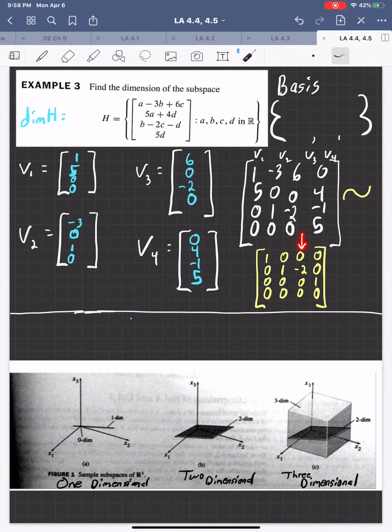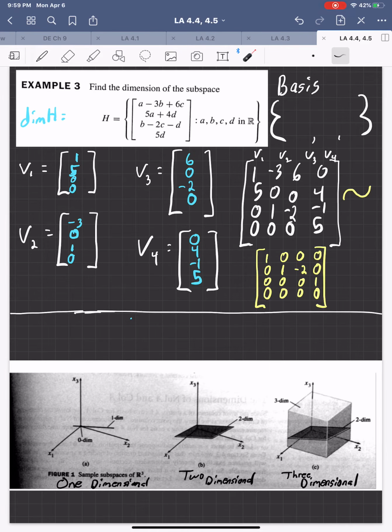Now, do you see that this third column does not have a pivot position? That's not a pivot column. That's a free variable. Now, if you have free variables, you have ways of getting to 0 aside from just the trivial solution, correct? So this entire V sub 3 column has got to go. Now, the fourth column also has a pivot position, so that's going to stay.